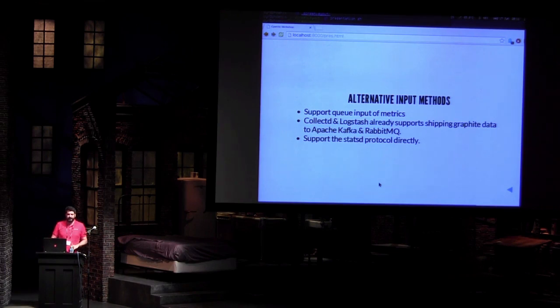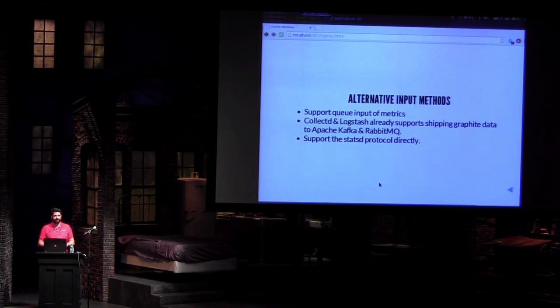What is a priority, though, is the support of more input methods in Cyanite. I was talking about the pickle protocol, which is going to be a priority and one of the biggest ones right now.